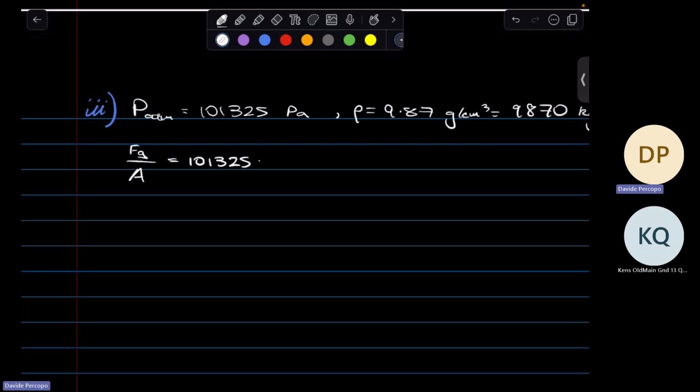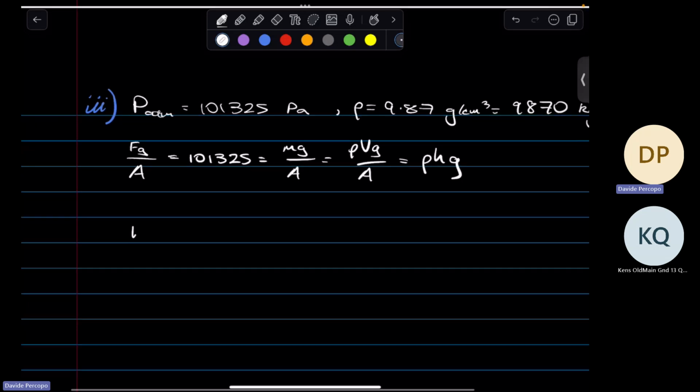Which equals mg on A, which equals rho Vg on A, which is equal to rho hg. Is anyone all good if I just skip those explanations again? All good? Okay.